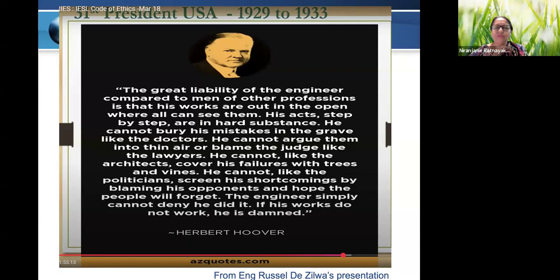We know we have to abide by the standards. We have to look after the public interest and all that. So I hope that gave some idea about the responsibility of engineers in the carrying out of our work.